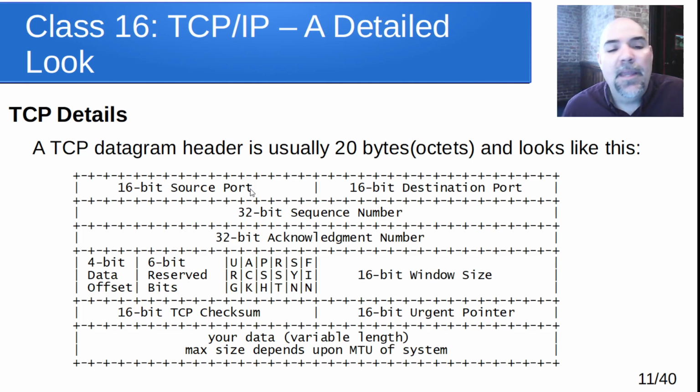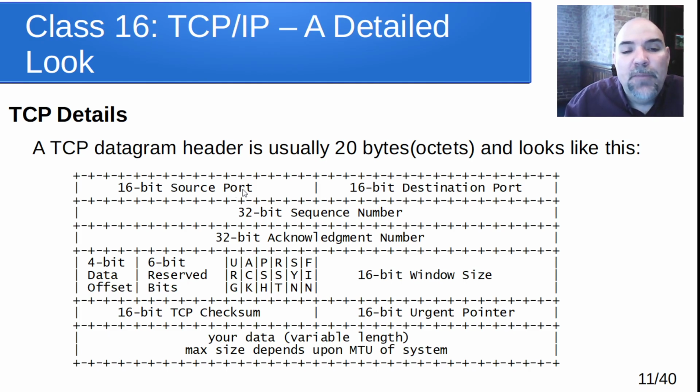So you can't just pick any one that you want for your program because it might already be in use. If you are going to pick one and use it, make sure that it's one that's available. And if you're going to implement a standard service like your own web server, then you probably want to use one of the standard ones and make sure no other program is using it on your host.